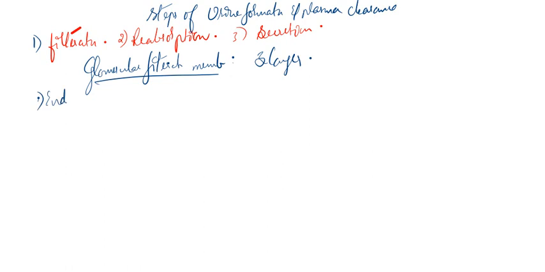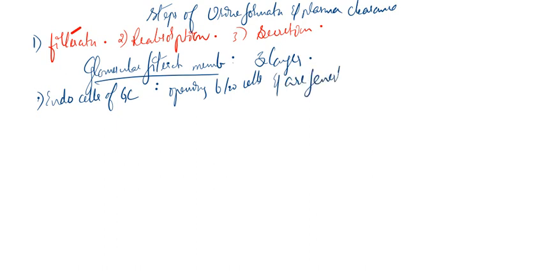Endothelial cells of the glomerular capillary. It is the opening between the cells, right? It's an opening between the cells, and the fenestrations range from 70 to 90 nanometers.